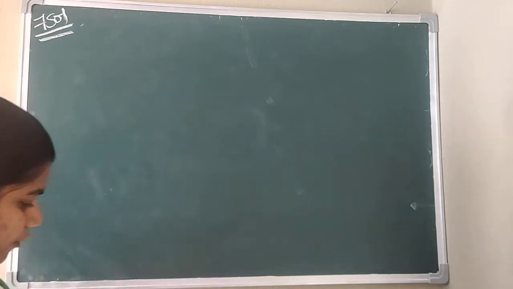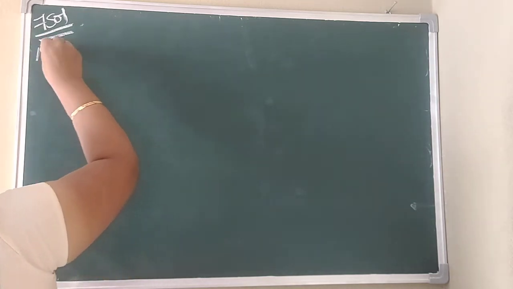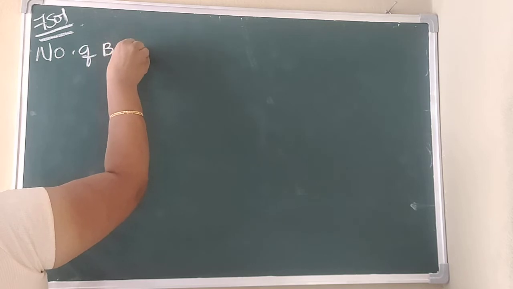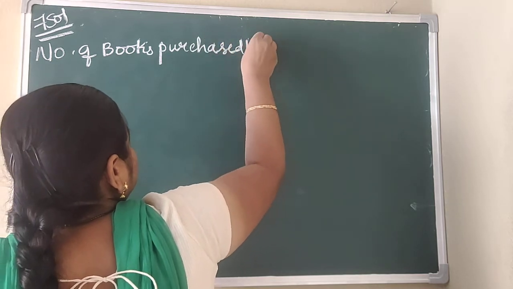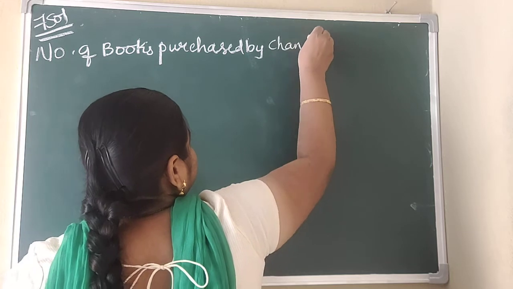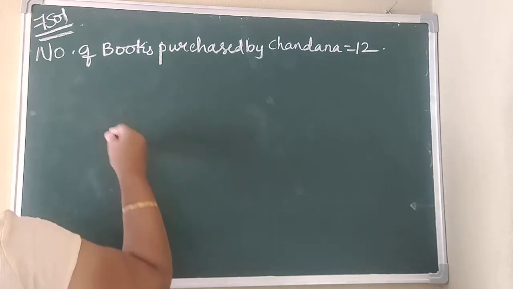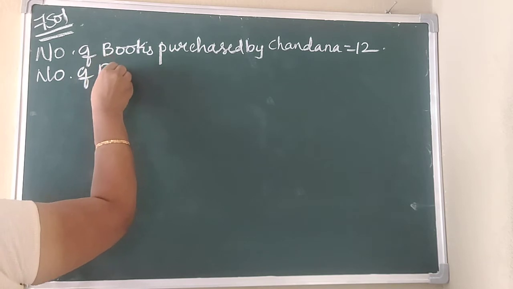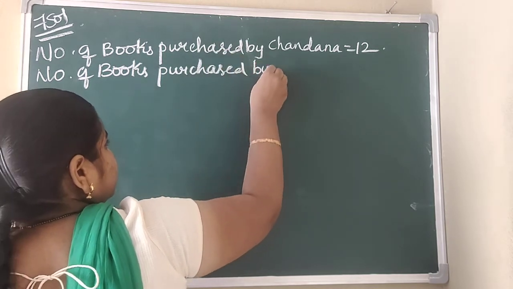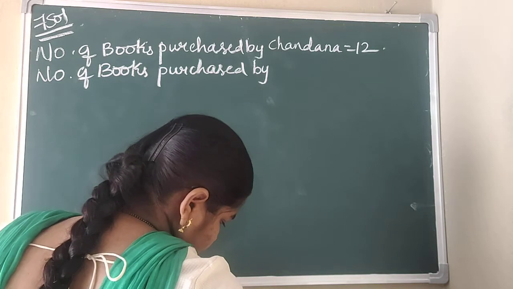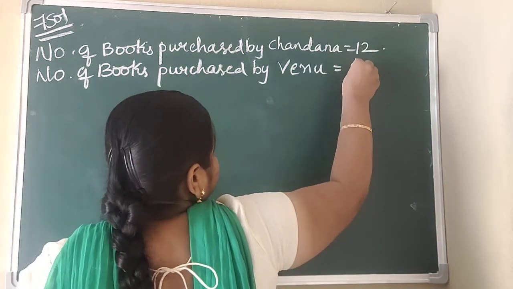So the number of books purchased by Chandana is 12. The number of books purchased by Venu is 10.